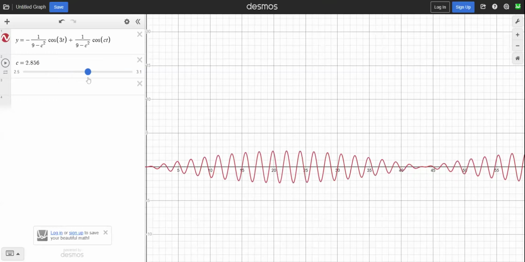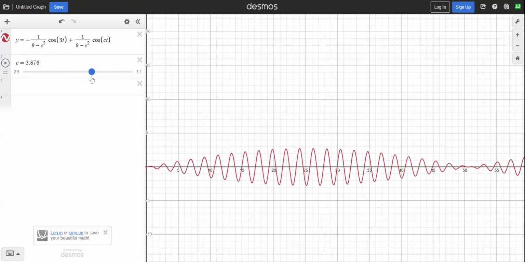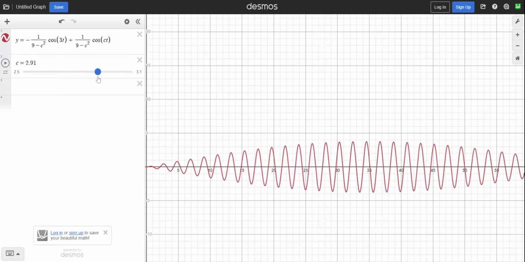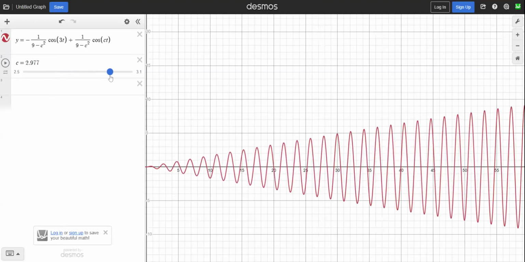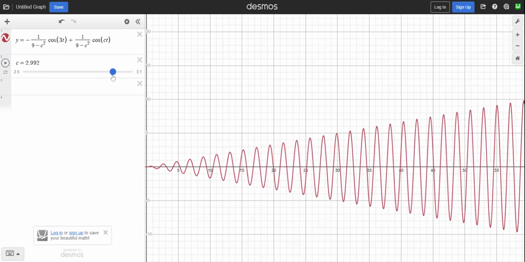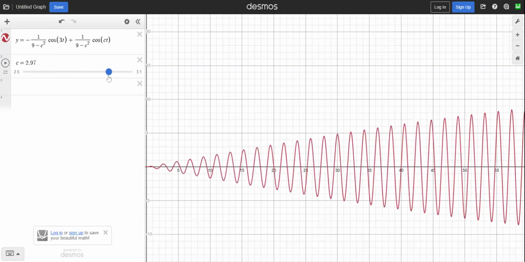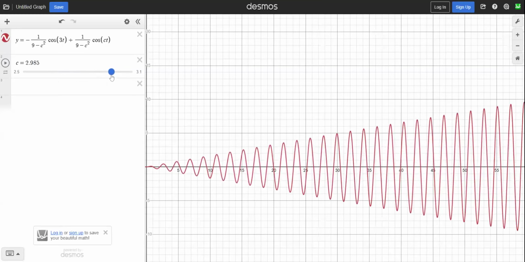You get closer and closer, they get bigger. If you get close to 3, you notice it starts to blow up like this. Really close to 3. Basically what happens is if you push it just at the right time, it just gets bouncier and bouncier.